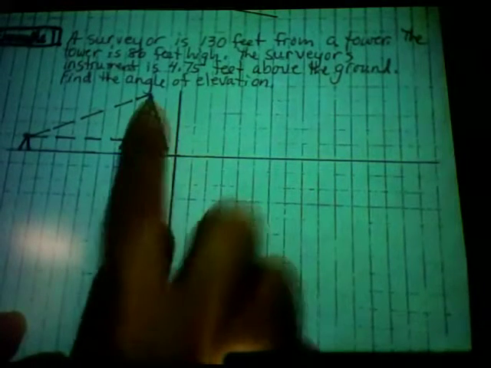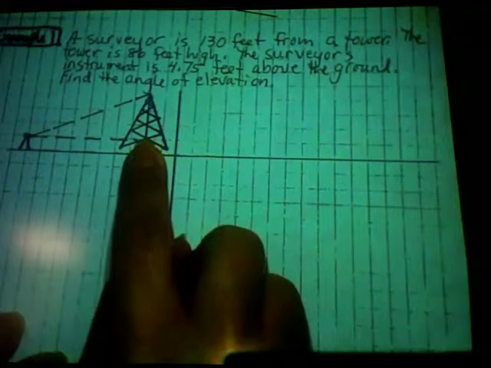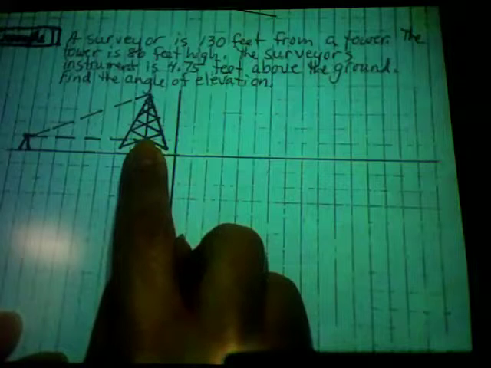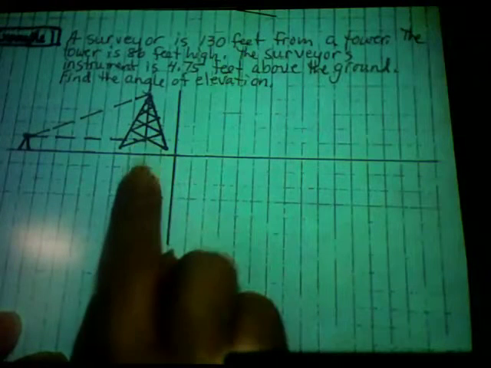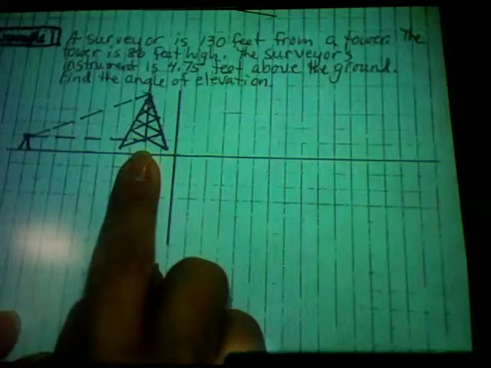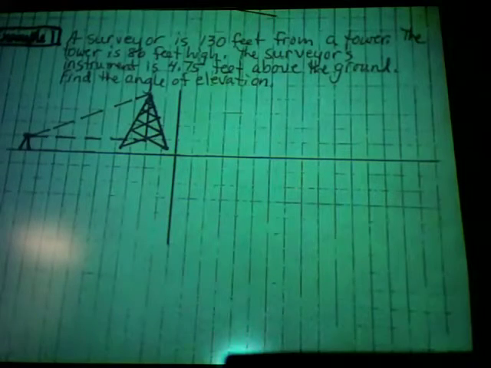So I just drew like one of those big power pole towers. For me, that's a pretty good picture. I'm very impressed with that. You may not be, but I am.